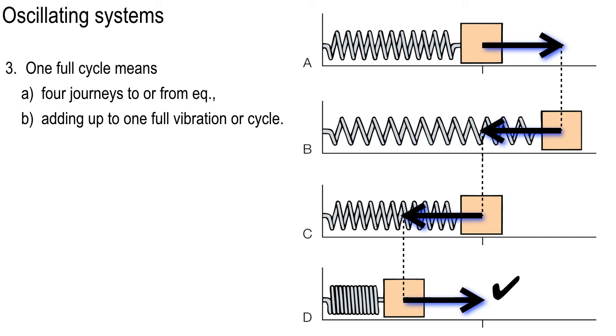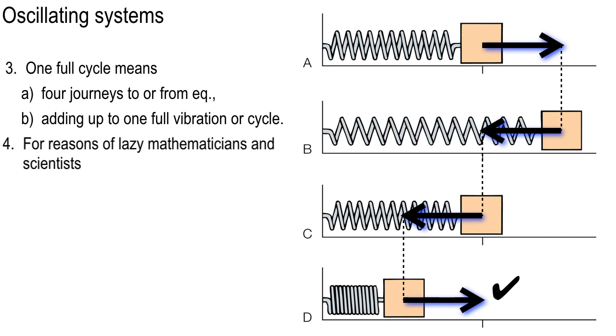So all these things add up to one full vibration or cycle. Now, mathematicians and physicists are lazy. It's almost like a law. It's almost like a requirement. Especially they're lazy about doing math.